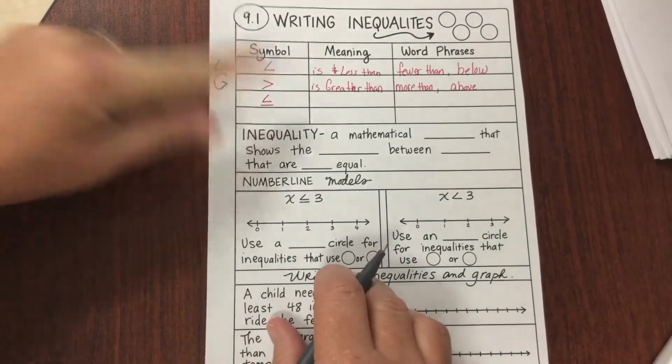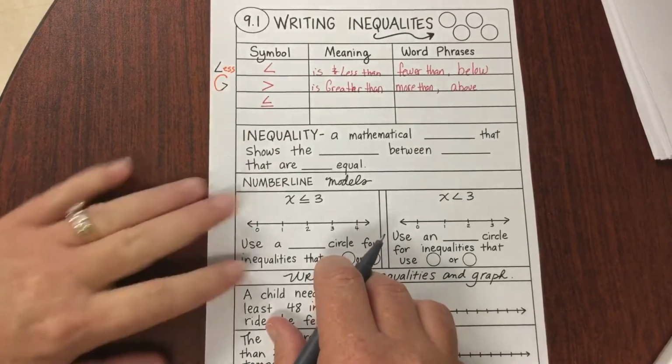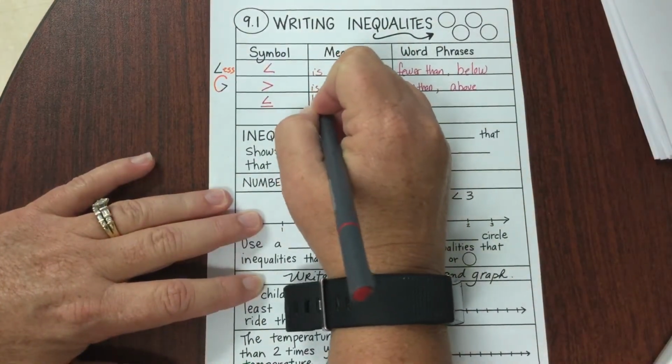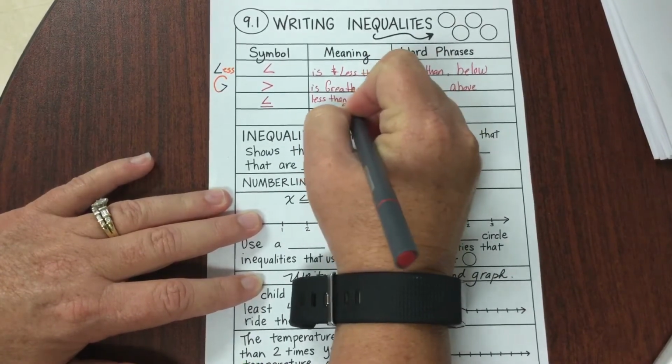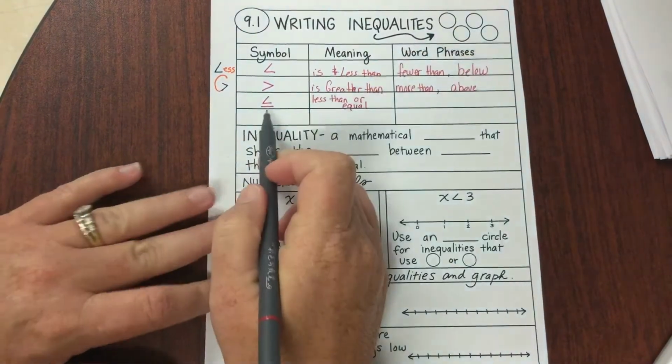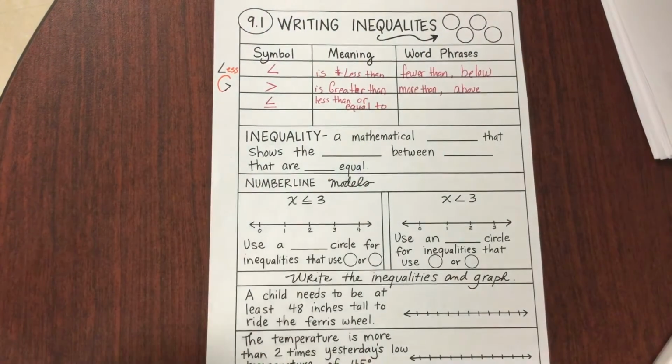With this little line under it, it means less than or equal to. It can be less than this number or equal to it. So it's kind of like combining the inequality symbol with an equal sign. That's where that line comes from.